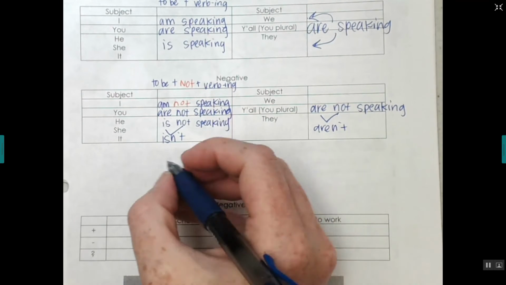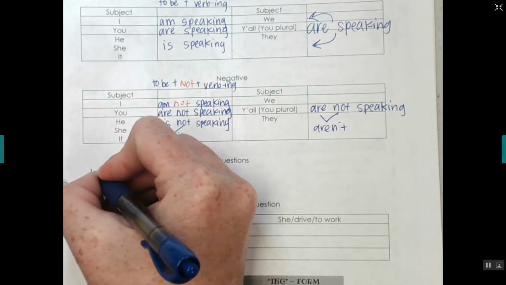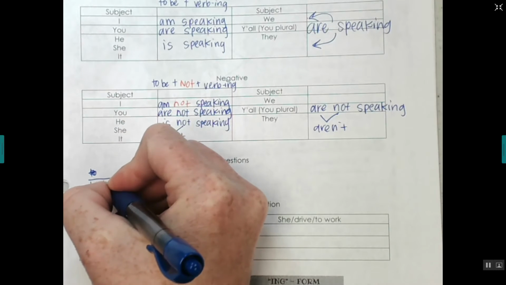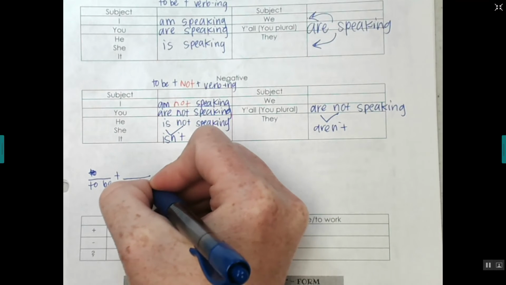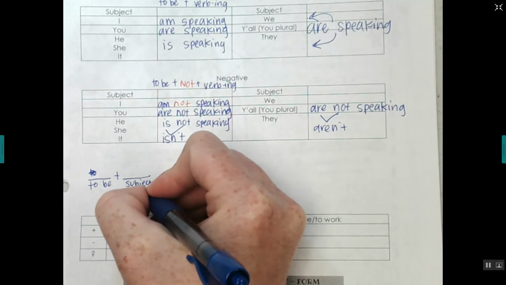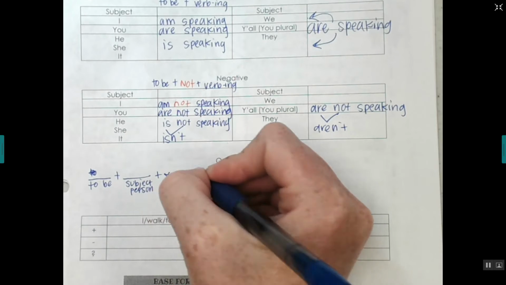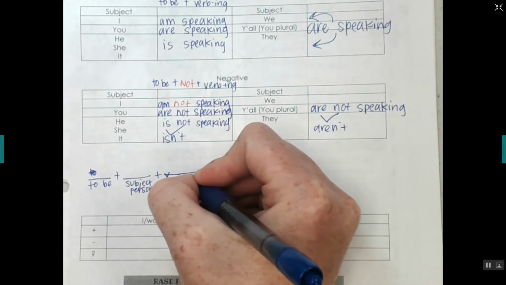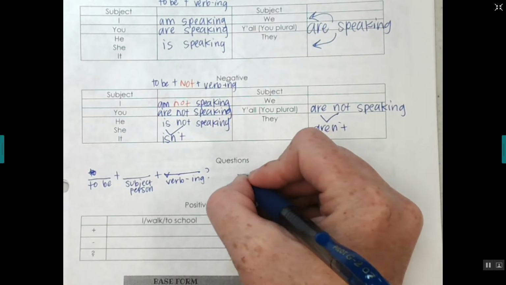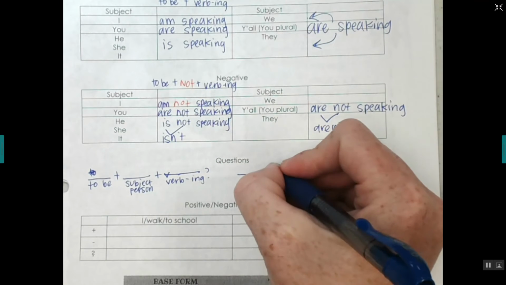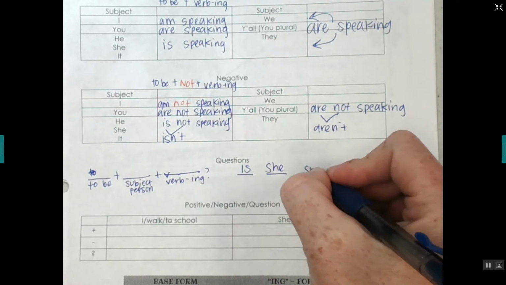For questions, the formula is going to be the to be verb. Well, we'll do this. To be plus the subject or the person plus the ing verb. Okay? So, let's see. If she is our subject, it will be is she speaking?